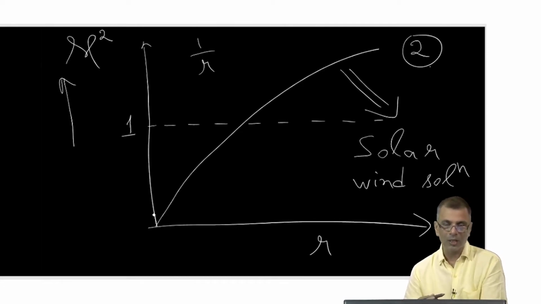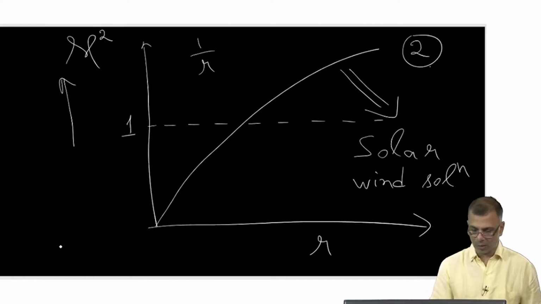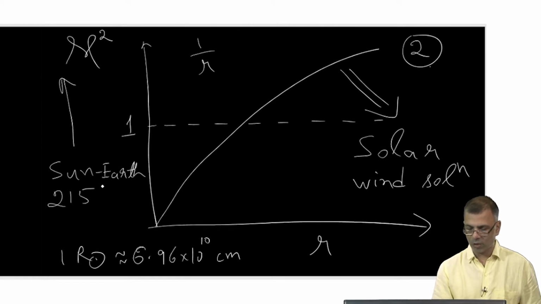Just for context, the sun is 1 solar radius. That's about 6.96 times 10 raised to 10 centimeters, and the sun earth distance is 215 solar radii.